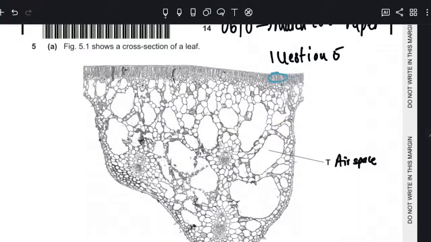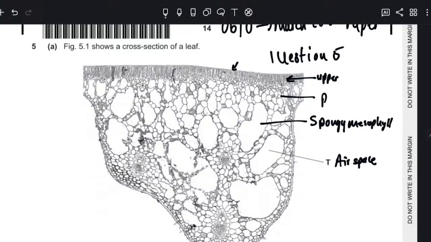Remember when I showed you the diagram, you're going to have the very top layer, which is the waxy cuticle right on top here. It's thin. Then this one here is the upper epidermis, right? Then we have the palisade mesophyll. Then we have the spongy mesophyll. You have to keep practicing this.